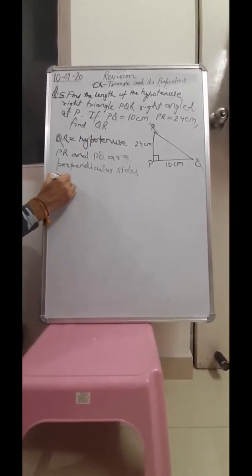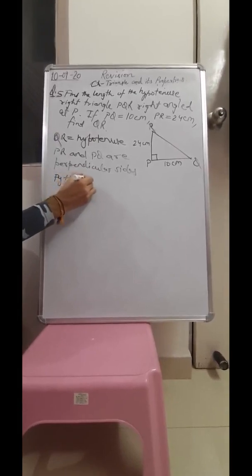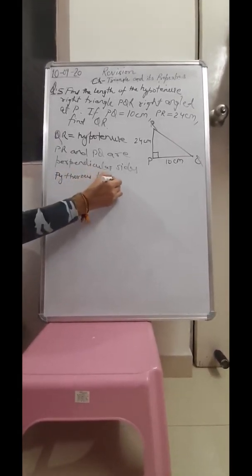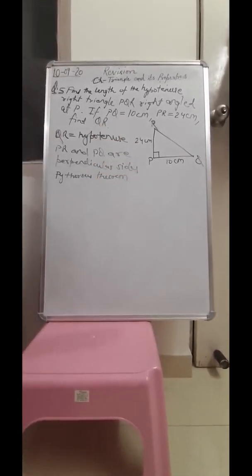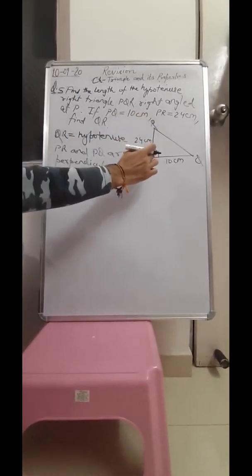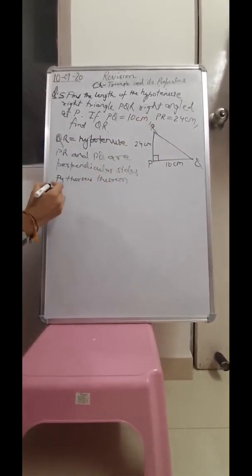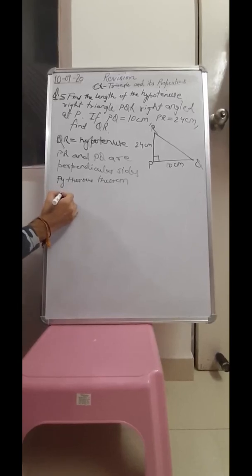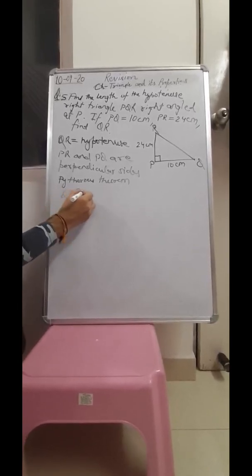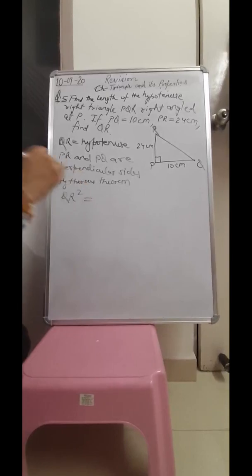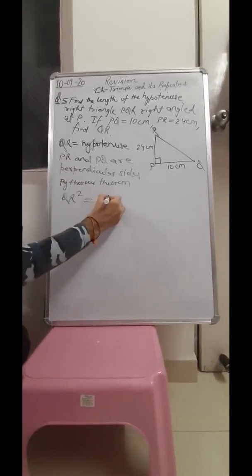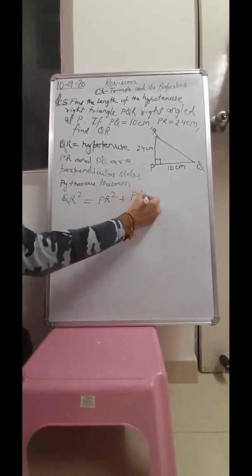So again we have to use the Pythagoras theorem to find the third side, that is the hypotenuse, because it is opposite to 90 degrees. So according to the Pythagoras theorem, QR square will be equal to PR square plus PQ square.